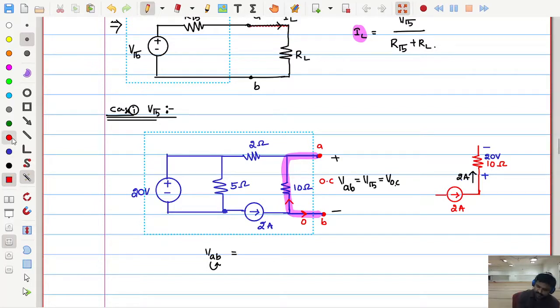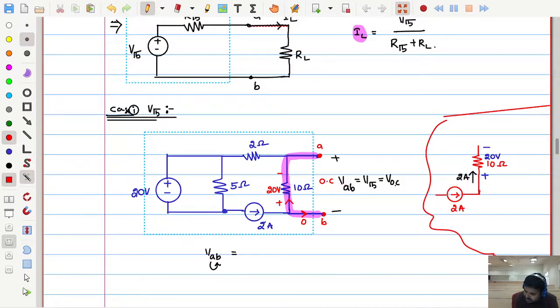Now with that separate analysis, can you interpret the same thing over here and tell me how much is VAB? The upper side is negative, the lower side is positive, and 20 volts is the voltage across 10 ohms. But what is VAB?